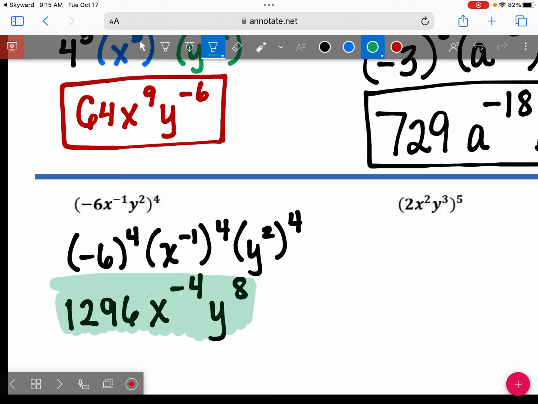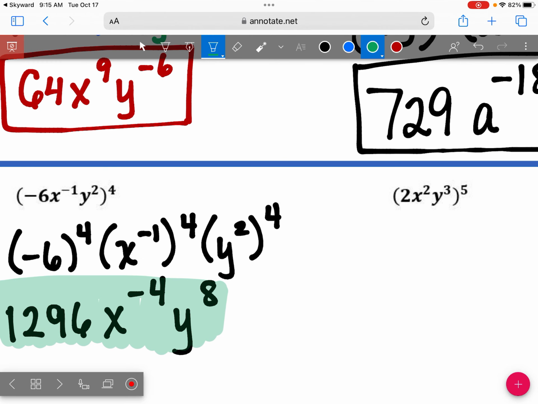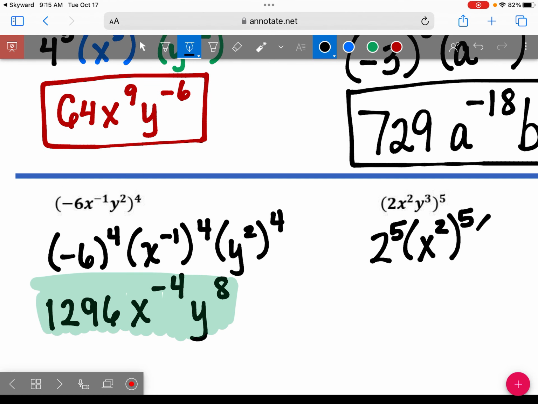So the exponent is a 5. So you're taking 2 to the power of 5, x squared to the power of 5, and y cubed to the power of 5.